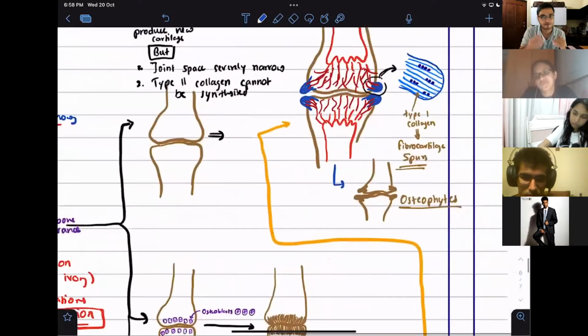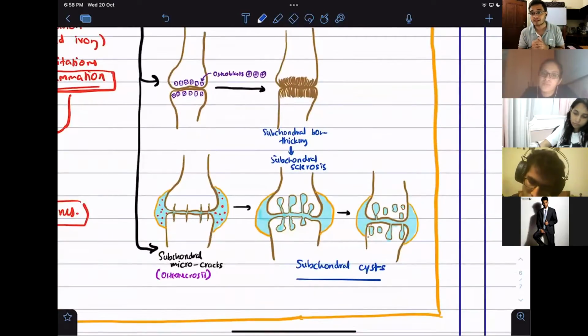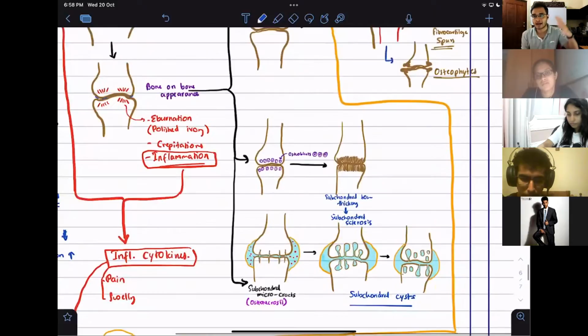For example, in a patient with advanced osteoarthritis, you will see a lot of large osteophytes. Same with subchondral cysts: you will see a large amount of very large cysts in the advanced stages. But even a patient at a very early stage can still have some cysts, smaller in size, and can have subchondral sclerosis and osteophytes.